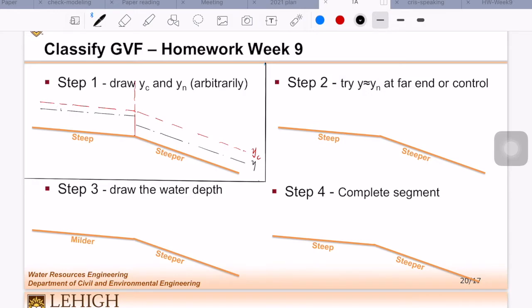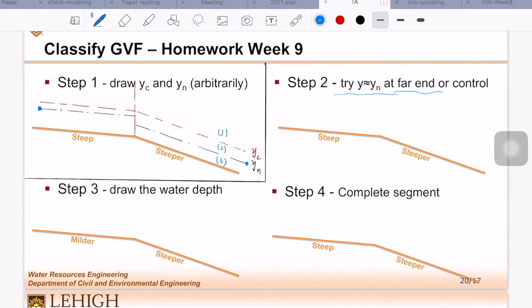So this is Yn. We know this is section 1, section 2, and section 3. So as a second step, we need to try the water depth is approximately equal to the normal depth at the far end. So we assume at this point and this point, the water depth is the normal depth.